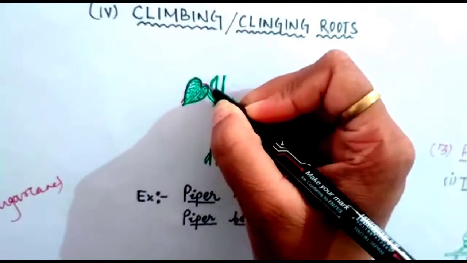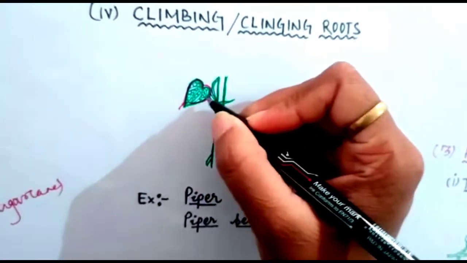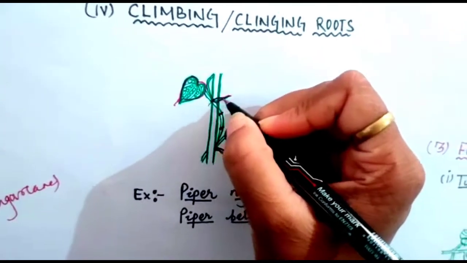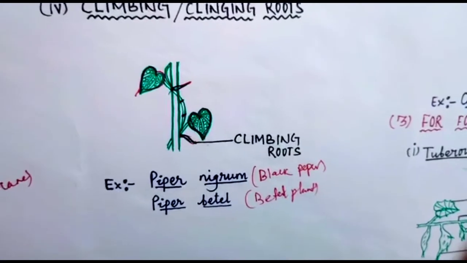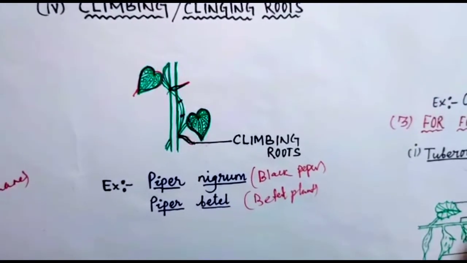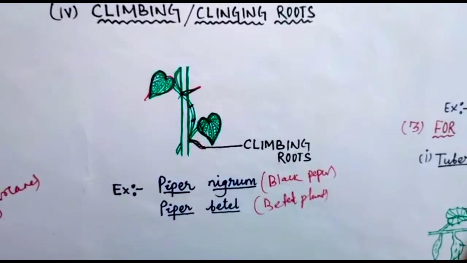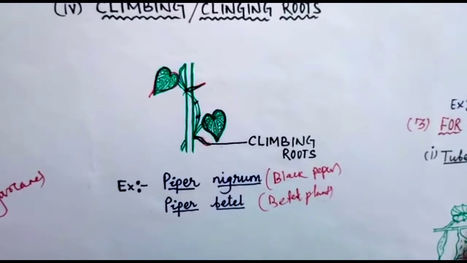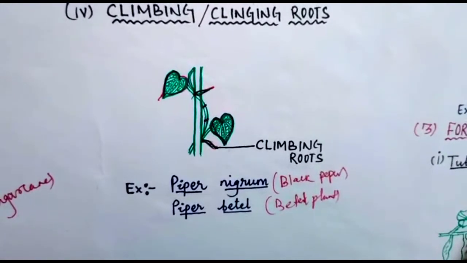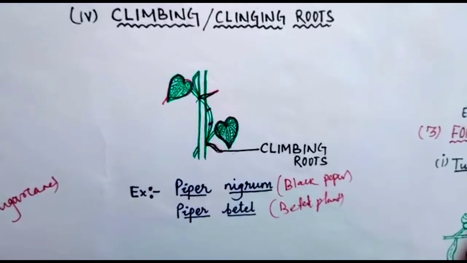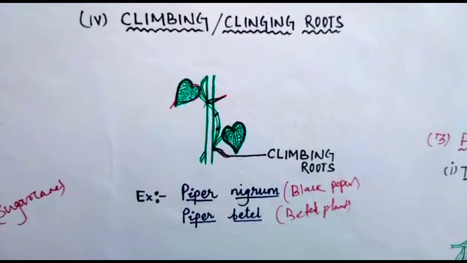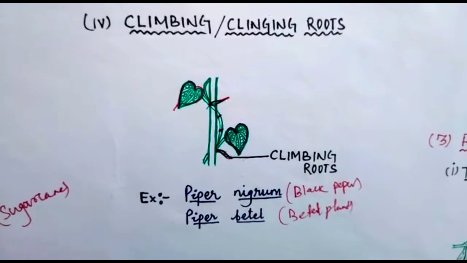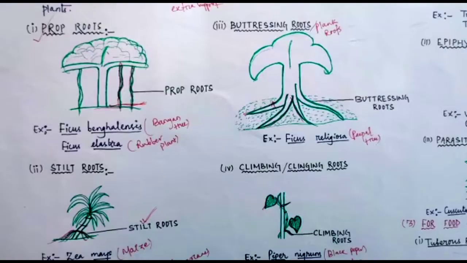This slender structure is known as climbing roots, and these climbing roots help the stem to grow upward. So it also helps in mechanical support to the plants.